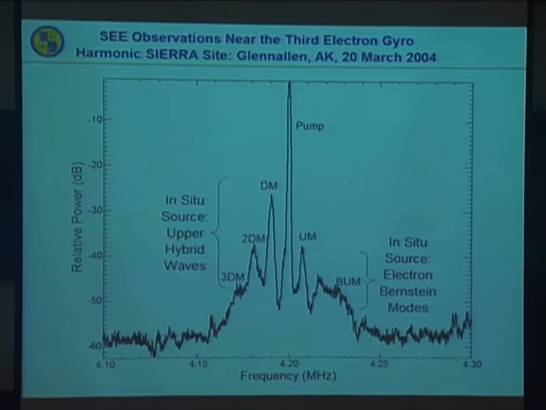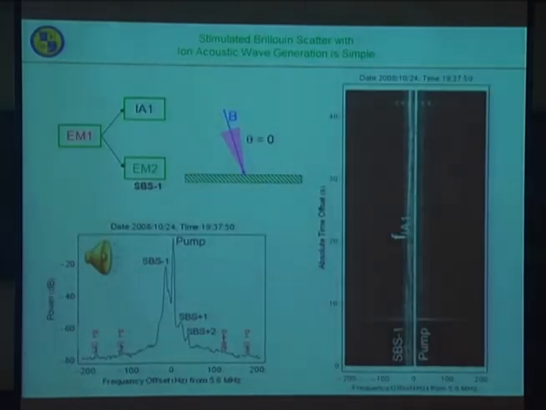You can see a cascade of waves that are offset by 4 to 8 kilohertz from the pump frequency, and this is the indication of lower hybrid waves in the media. There's also the upper hybrid, the upshifted maximum and the broad upshifted maximum, which is a complex process involving electron Bernstein waves.